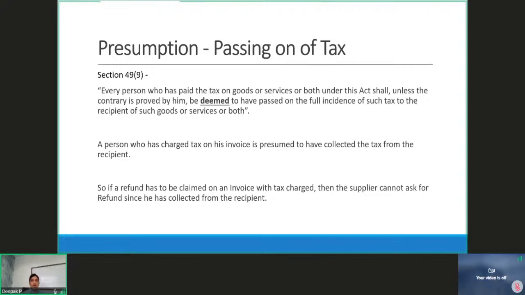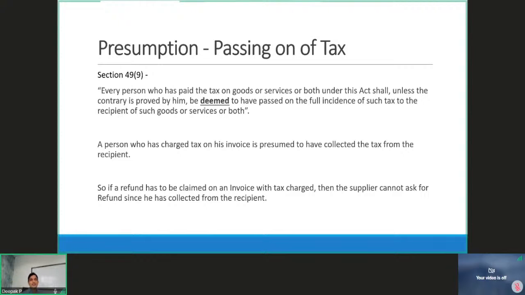I am the supplier. I cannot go to the department saying, see, this is my invoice, so I have charged the tax, so give me the refund. No. It is always assumed that the customer is the person who has borne the incidence of tax, unless I prove that the customer has not paid me. I have to prove that. Unless I prove it, it is always assumed; the onus of proof, that is the burden of proof, is on the supplier.